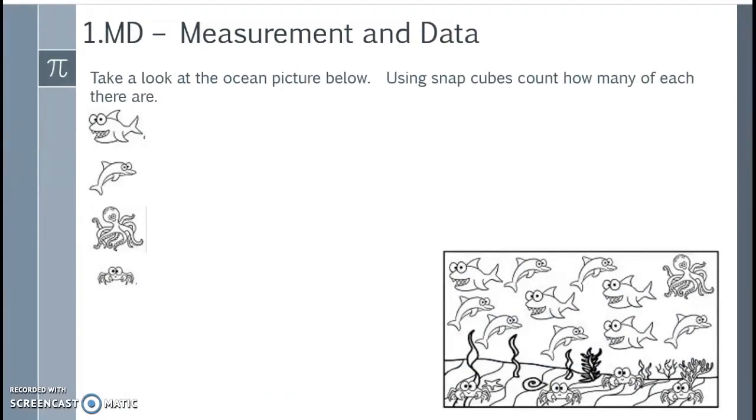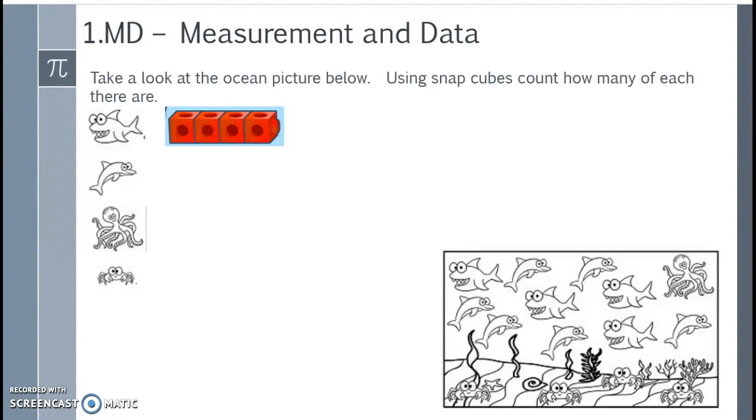Let's take a look at the ocean picture I have below. I'm going to use snap cubes to count how many of each there are. So let's start with the shark. I look at my picture and I can identify that there are 1, 2, 3, 4 sharks. So I grab my snap cubes and I put 4 by the sharks.